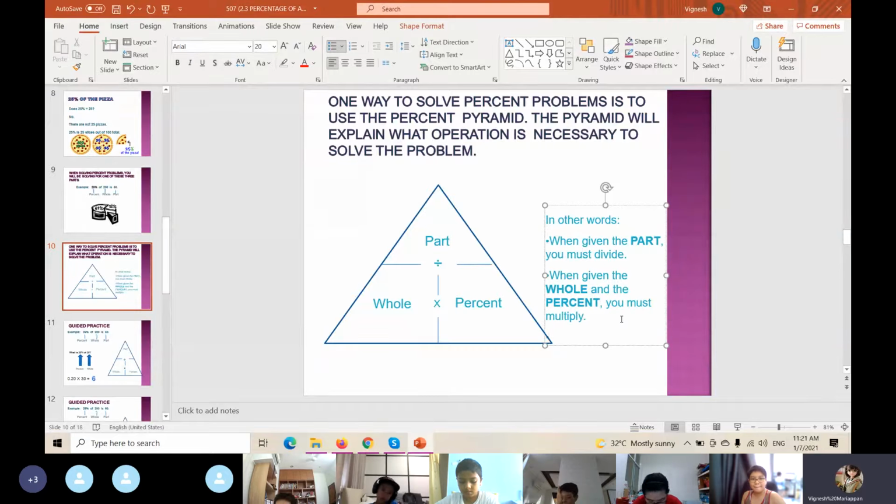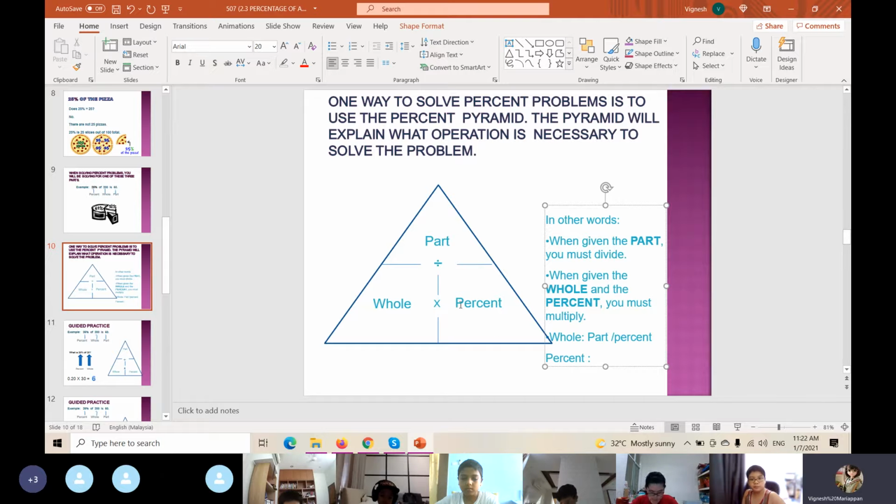When you want to find the whole, the question gives the part and also the percentage, and you have to find the value of the whole. How? The teacher has already written it here: the part, you have to divide by the percent. Correct or not? Let's say the percentage is given, but either the whole number or the part is not given. What we need to do?